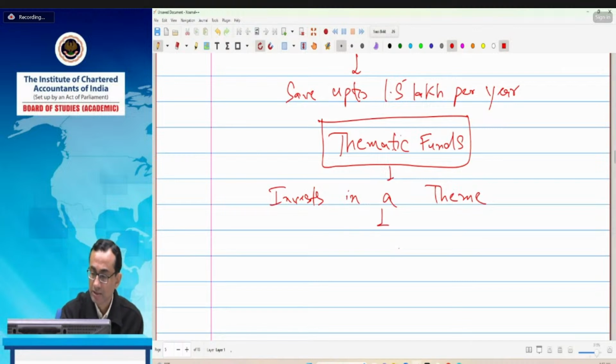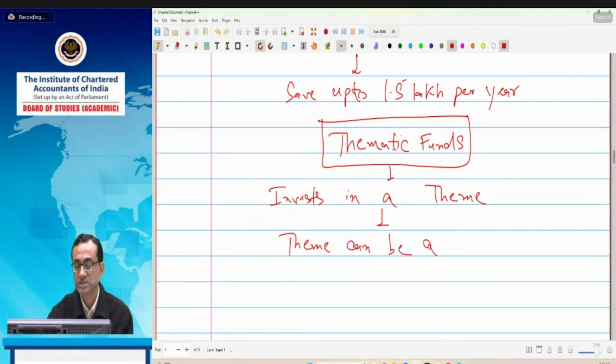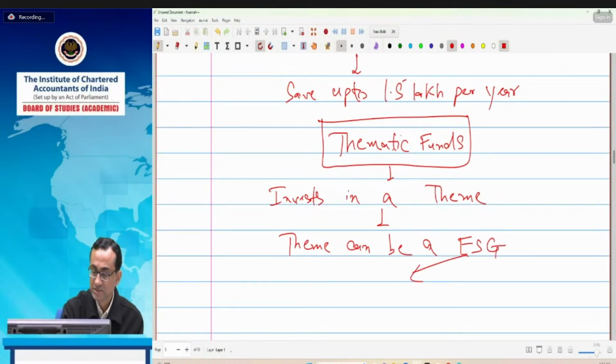A theme can be, for example, ESG. What is ESG? ESG is basically environment, social, and governance.